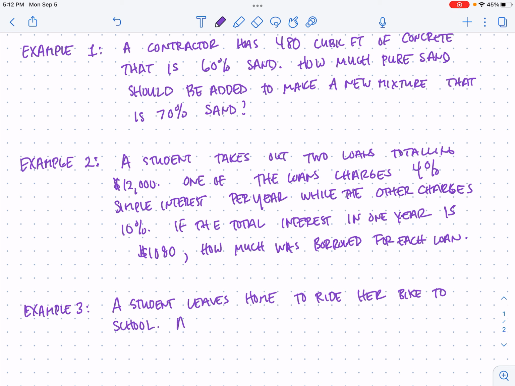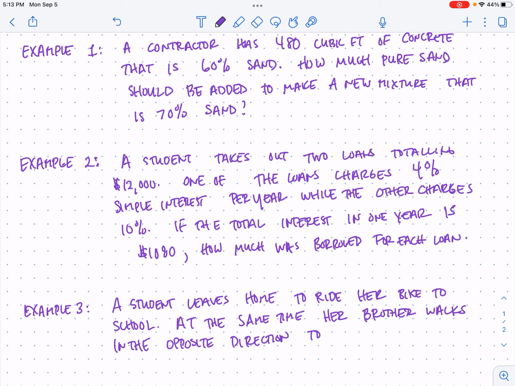At the same time, her brother walks in the opposite direction to his school.